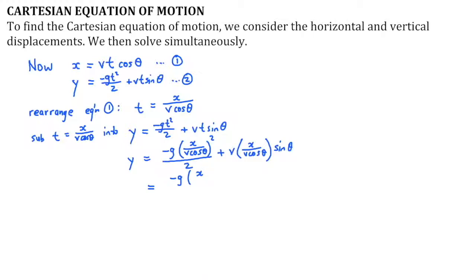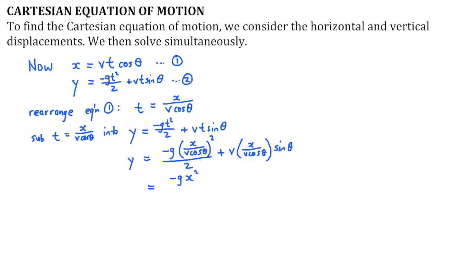I can go a little bit faster and hopefully you understand what we're doing here. The x is going to get squared, and so is the bottom of the fraction here. The v cos theta will be squared, so I'll get v squared cos squared. But because that's on the bottom of a fraction, it's going to go down here.